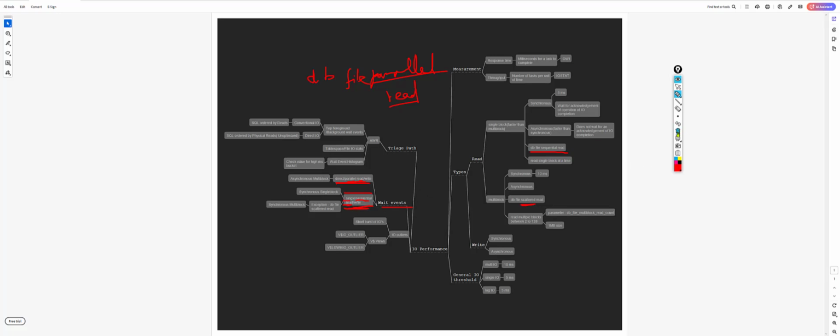So likewise, most of the wait events are categorized in these two, and every direct or parallel read write will be an asynchronous multi-block read. Here we saw single block, multi-block, synchronous, asynchronous. Same thing: asynchronous multi-block read.